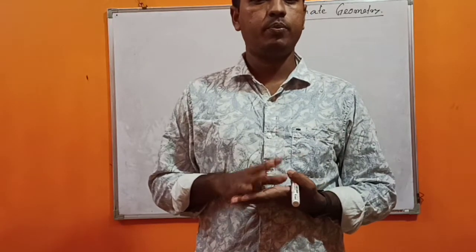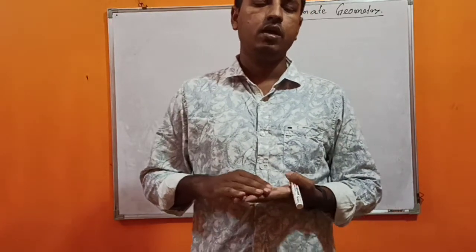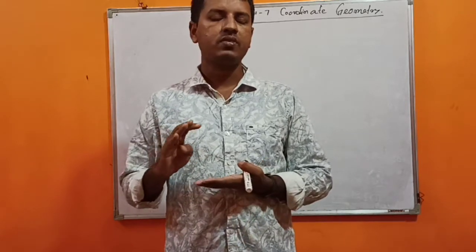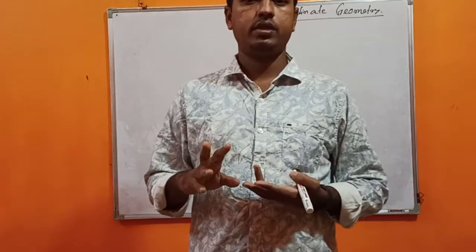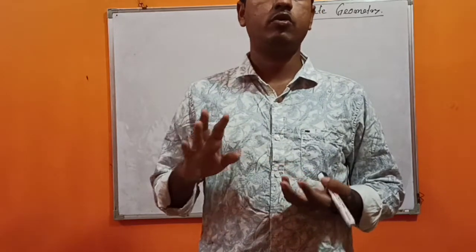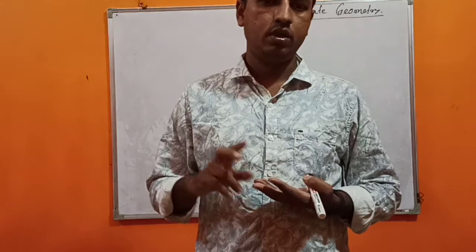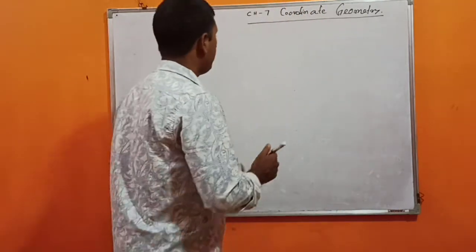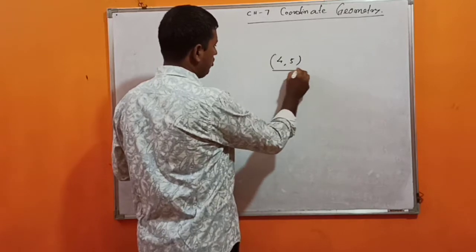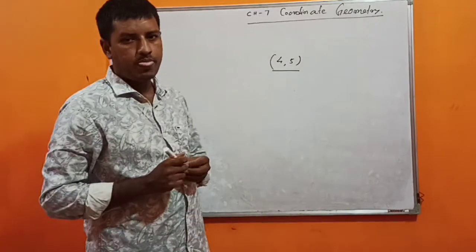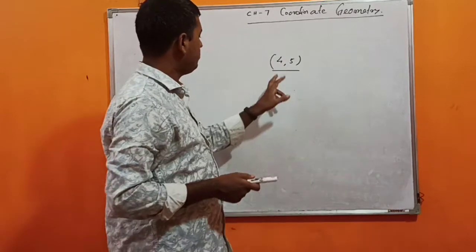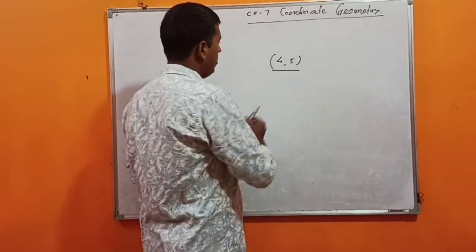If the coordinate of a point is 4, 5, it means the distance of that point from the y-axis is 4 units, and the distance of this point from the x-axis is 5 units.